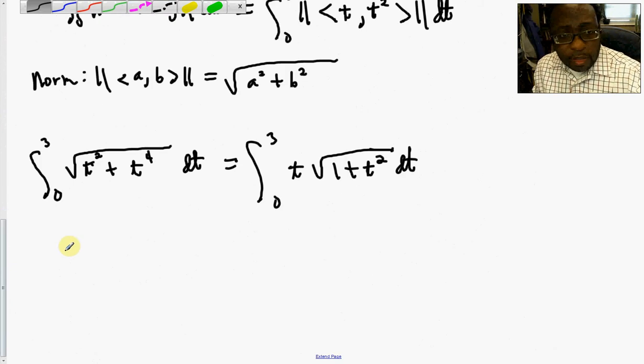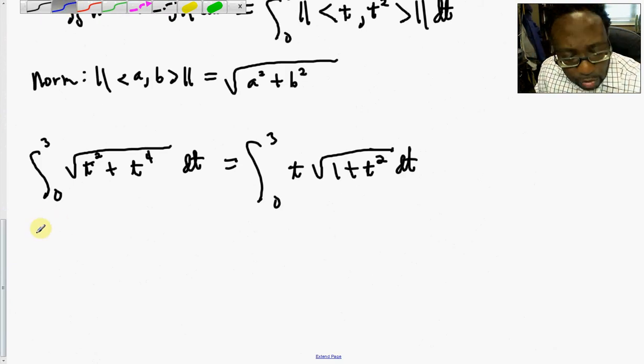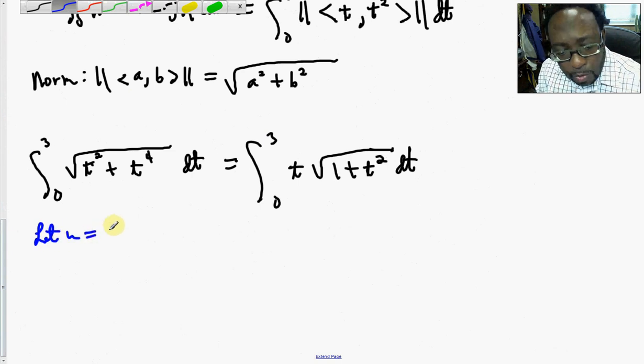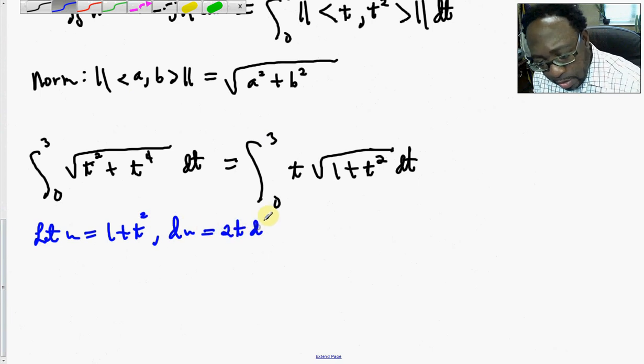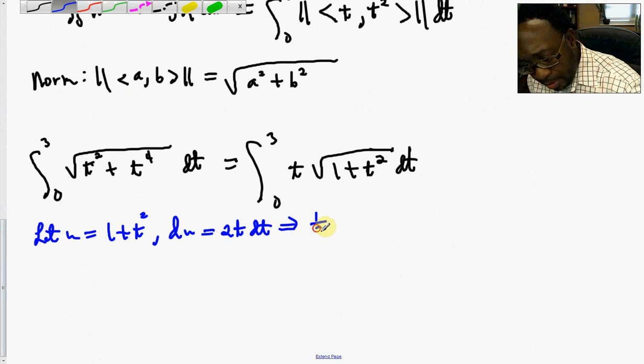Now to integrate this, we let u equal to 1 plus t squared. And so du is 2t dt, and that implies that 1/2 du can represent this t dt.